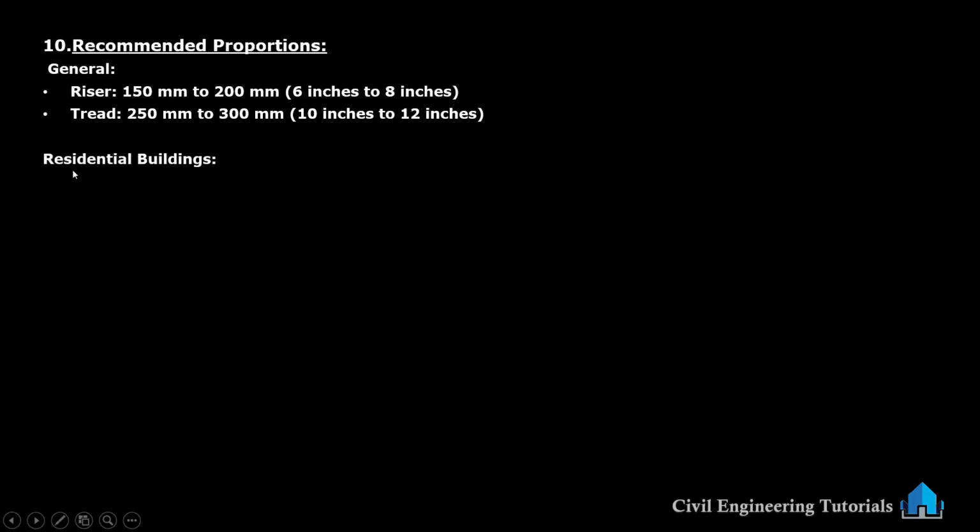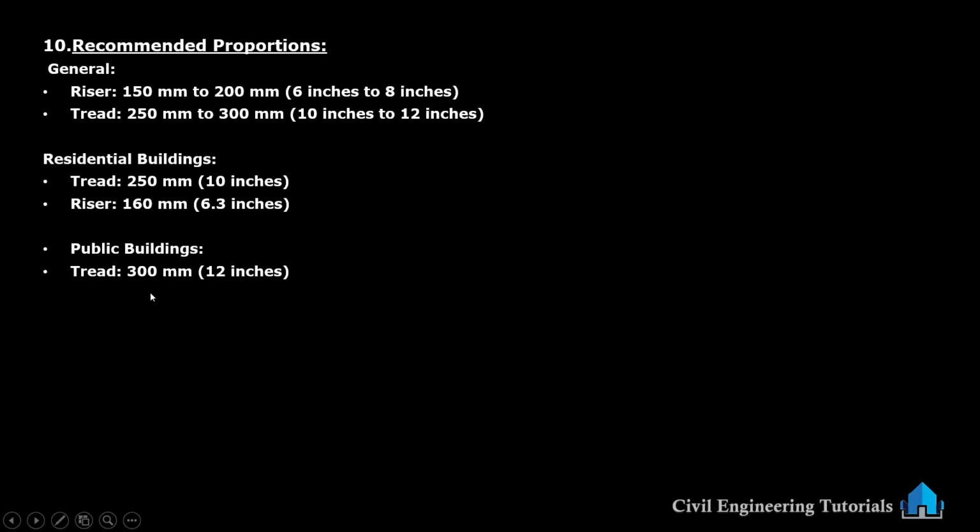In residential buildings, tread 250 millimeter, that is 10 inches, and riser is used 160 millimeter, that is 6.3 inches. In public buildings, tread 300 millimeter, that is 12 inches, and riser 150 millimeter, that is 6 inches.